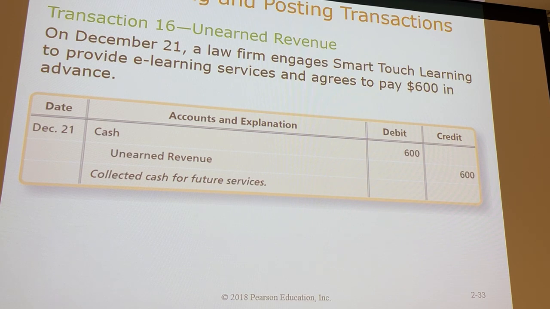And then once you've actually provided the services, then you would move the $600 from unearned revenue on the balance sheet into service revenue on the income statement. So here on December 21st, we debit cash because we're taking in cash, $600, and we're crediting the liability account unearned revenue for $600.